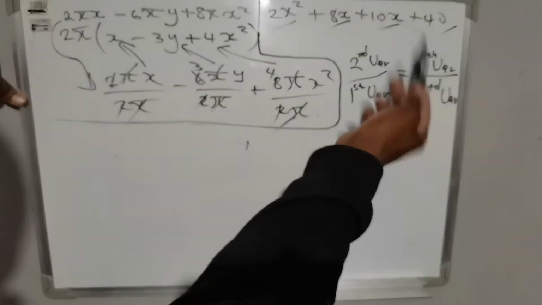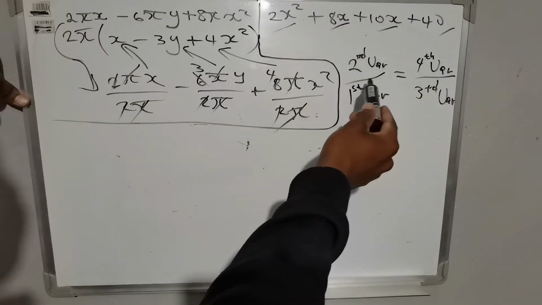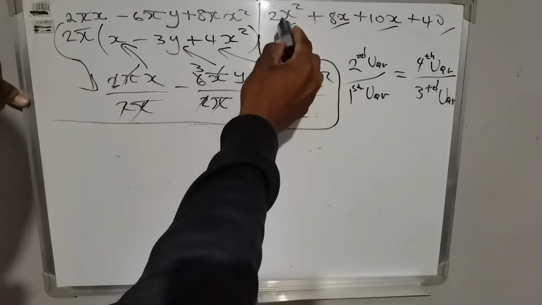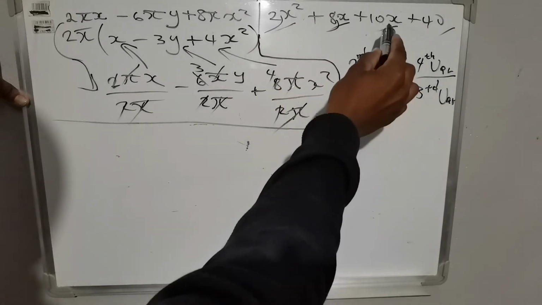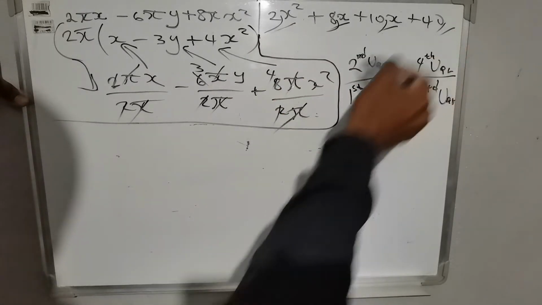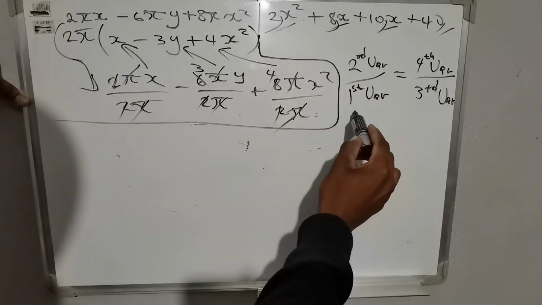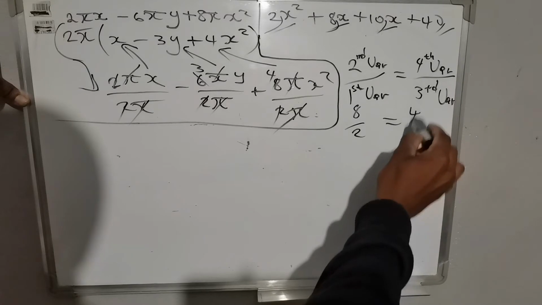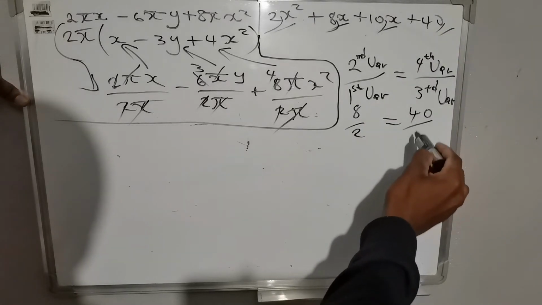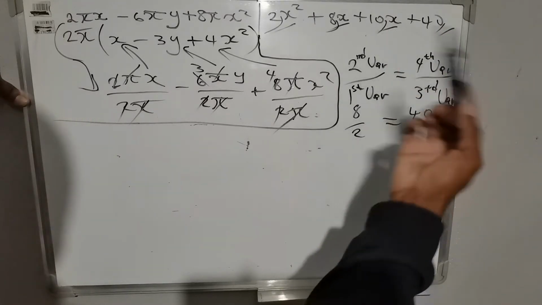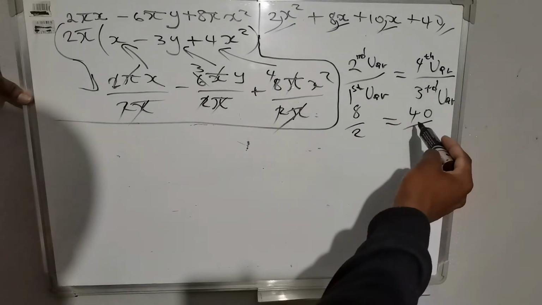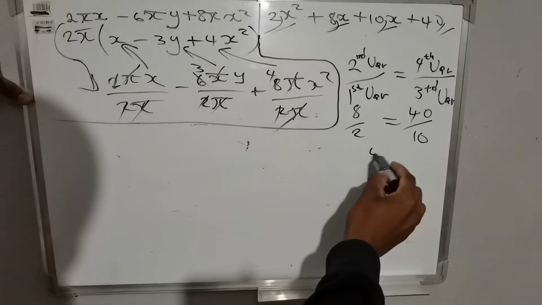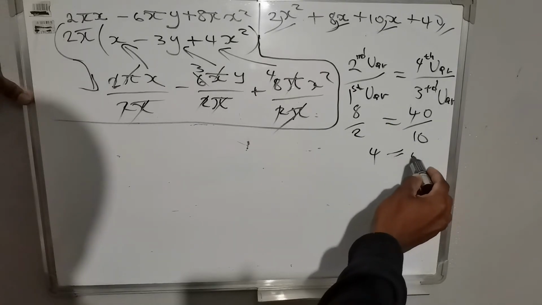Oh, sorry, but by saying variable, well, we're just taking the numbers, right? We will take these numbers. So we will say 8 divided by 2, and we'll say the 40 divided by 10, this gives us 4, right? And this gives us 4.